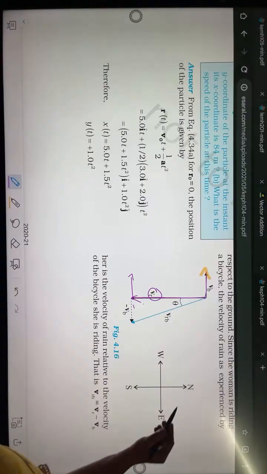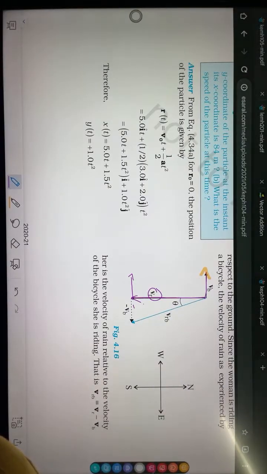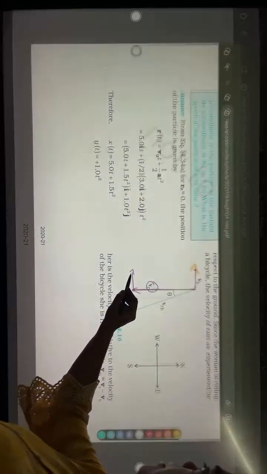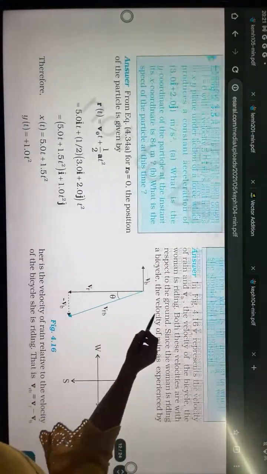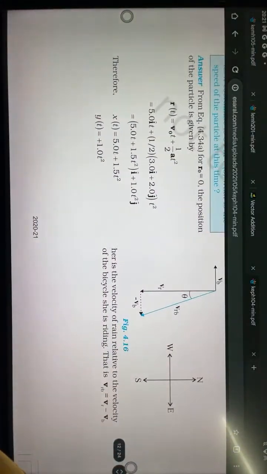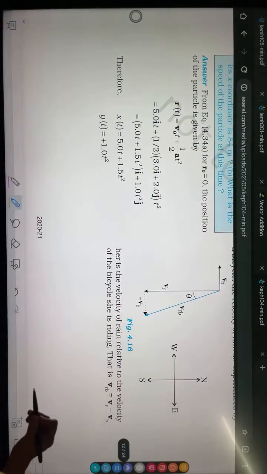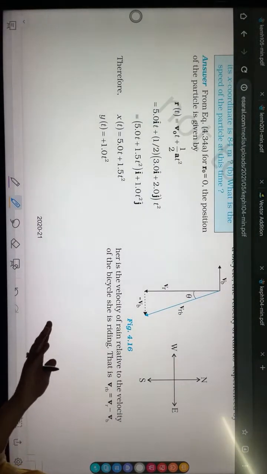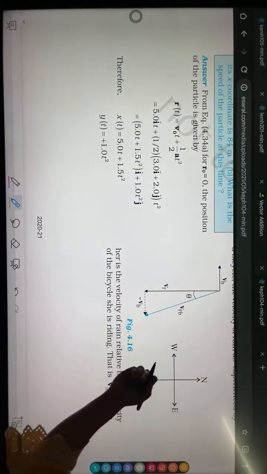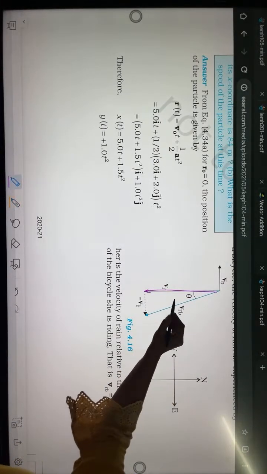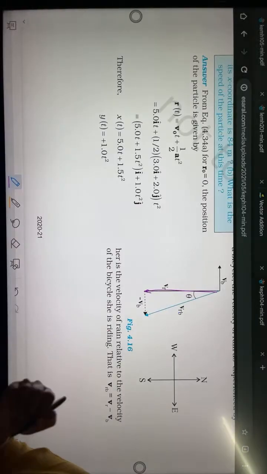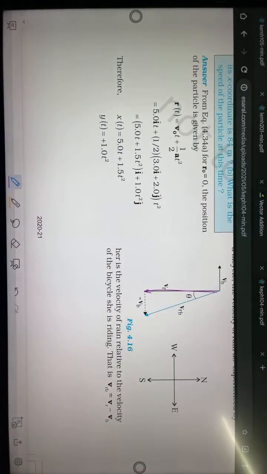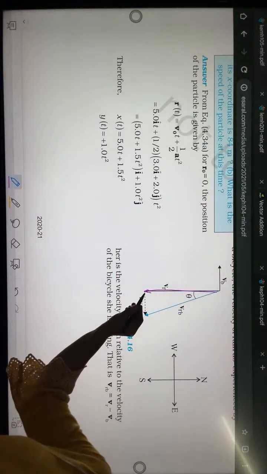Now in order to find the resultant, you need to reverse the velocity. You need to reverse any one vector. This vector you won't reverse, you can't, because the rain falls vertically, then only it may hit the ground. So you are reversing this direction.